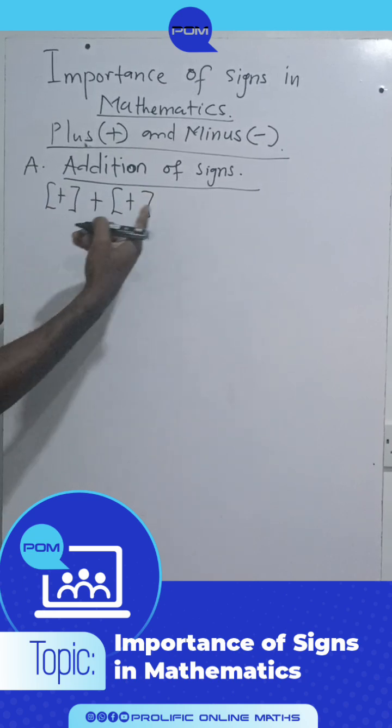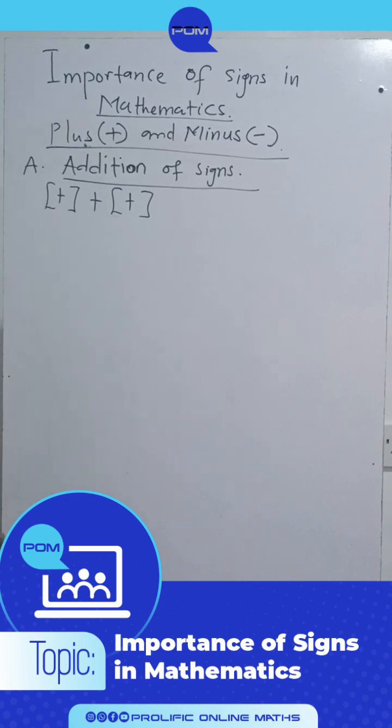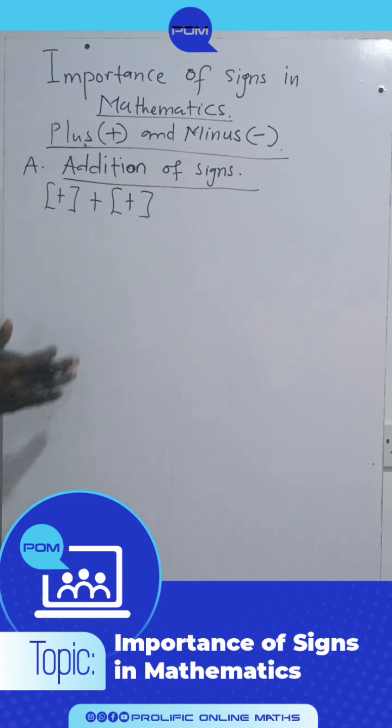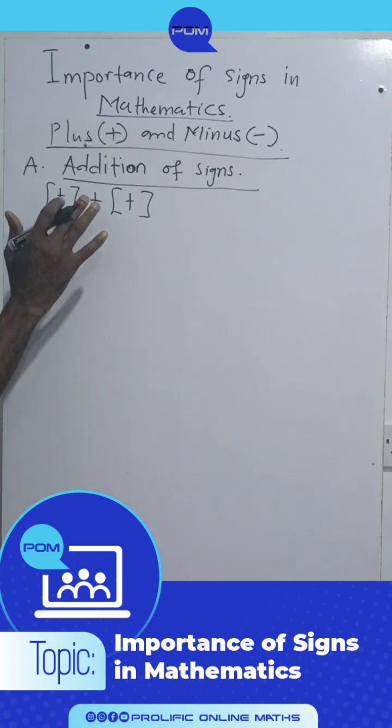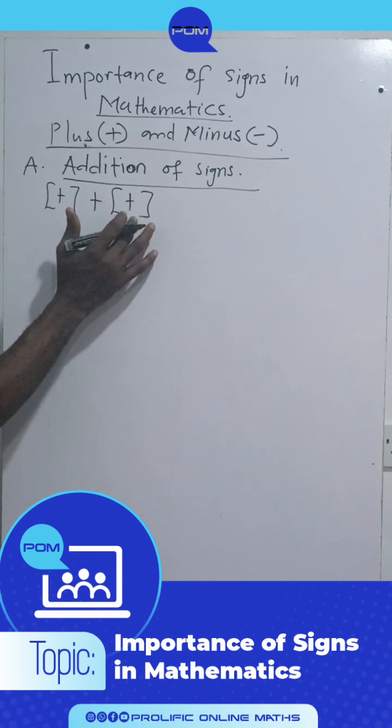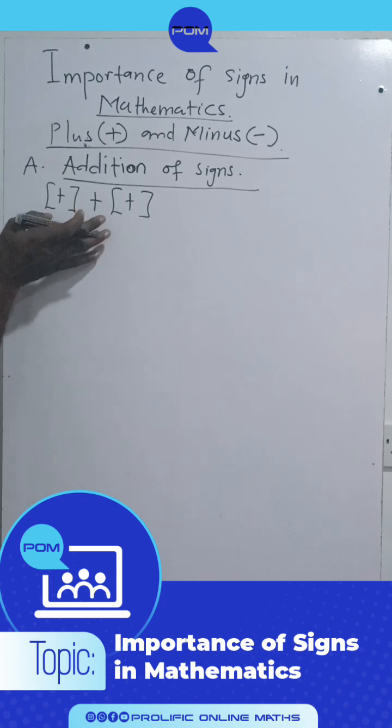When you have plus, plus, plus, it simply means you are just going to add all the signs together. And if you have a plus sign in the middle here, then you are going to open the bracket with this sign to get your answer.